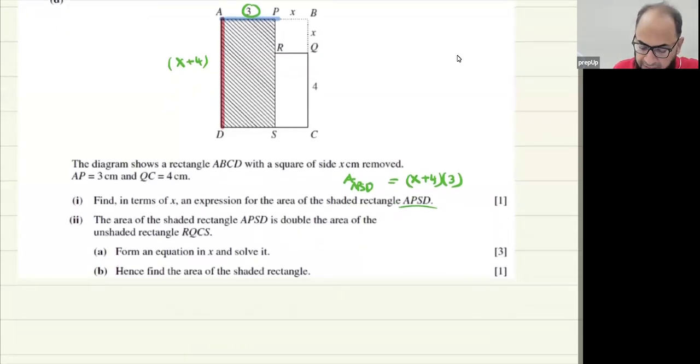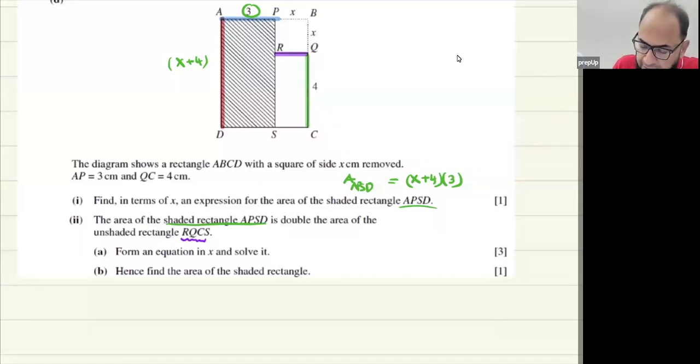Now it says the area of the shaded rectangle APSD is double the area of the unshaded rectangle. Which one is that? RQCS. Now this one is x and this one is 4.